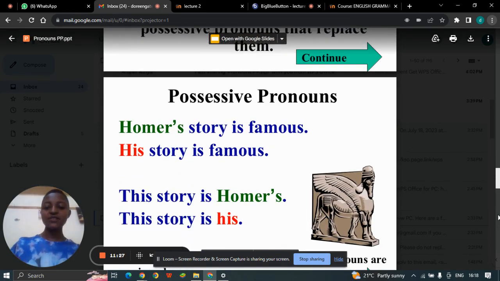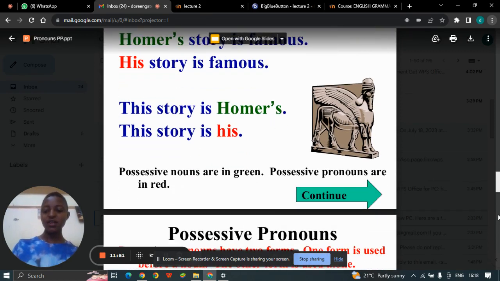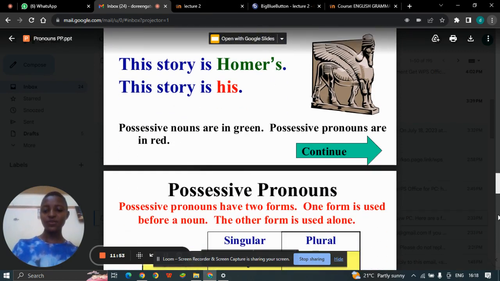In that case we have Homer's, with an apostrophe and then S, and we can still use a pronoun as the possessive pronoun. For example, his story is famous. His in that case is used as the possessive pronoun. This story is Homer's. This story is his. The use of different pronouns as the possessive pronoun.